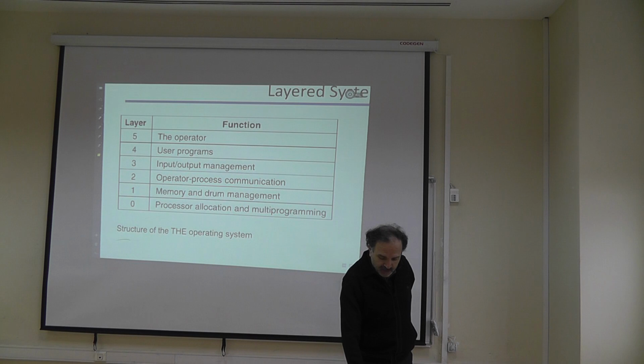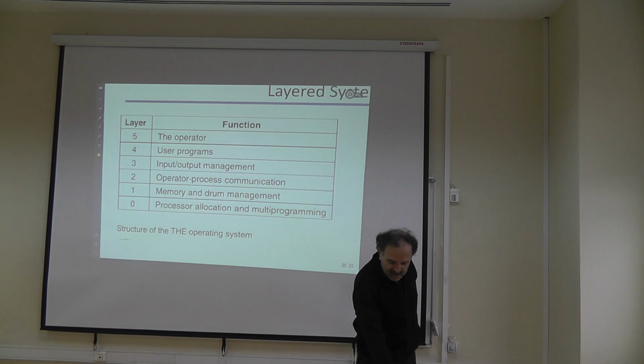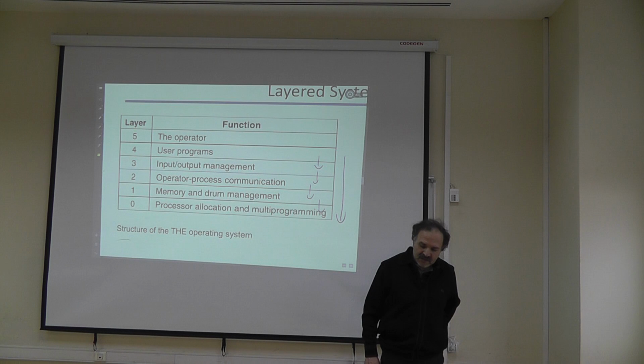Then operator process communication, input-output management. It goes like that. And at the top, I have the operator. So when there is an operating system call, it has to go this way. You make a call to the input-output. Input-output makes a call to the operator process communication, then the memory, and then the process allocation.